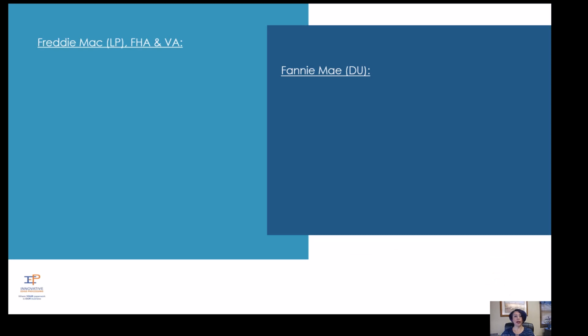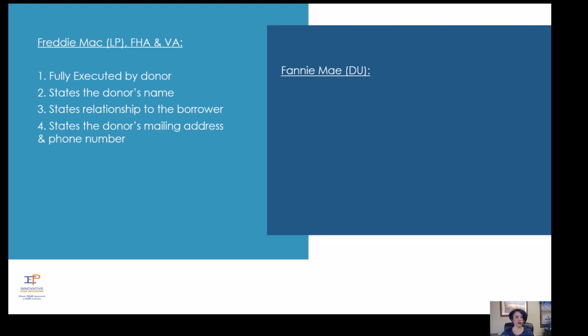For Freddie Mac, FHA, and VA, you're required to have it signed and dated by the donor. It must say the donor's name, the relationship to the borrower, the donor's full mailing address and phone number.